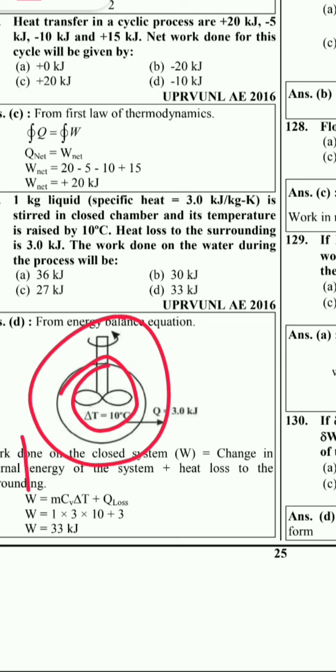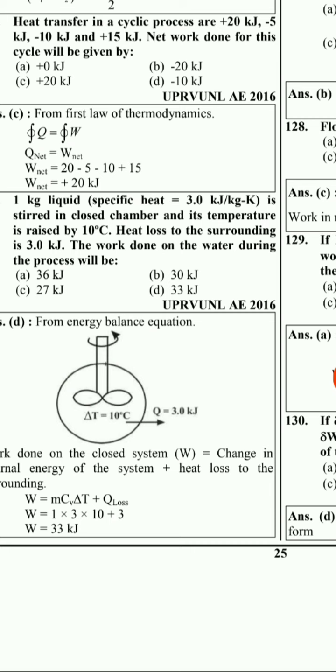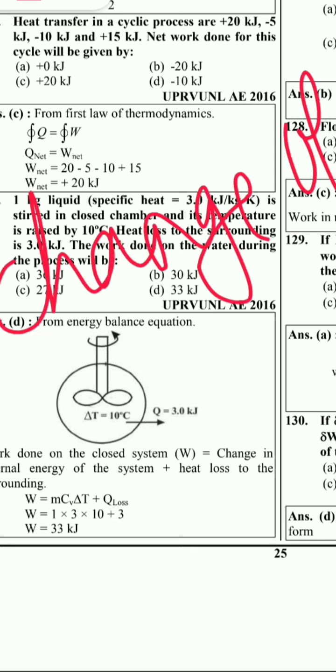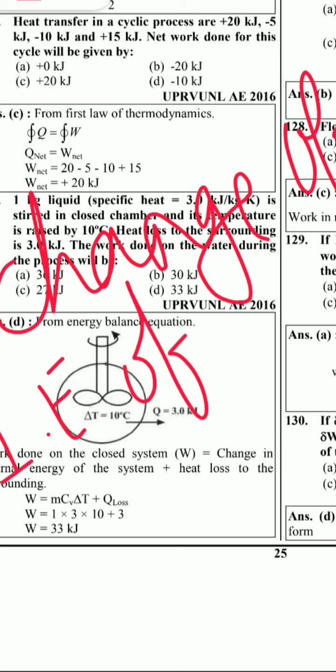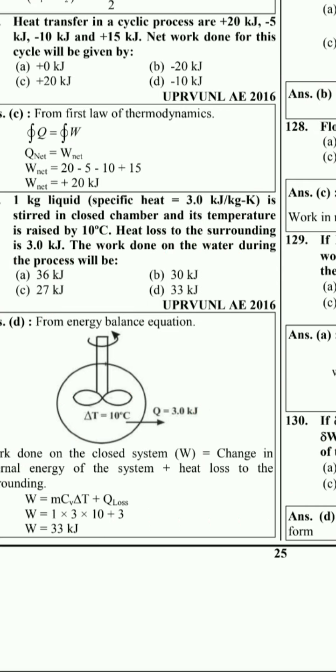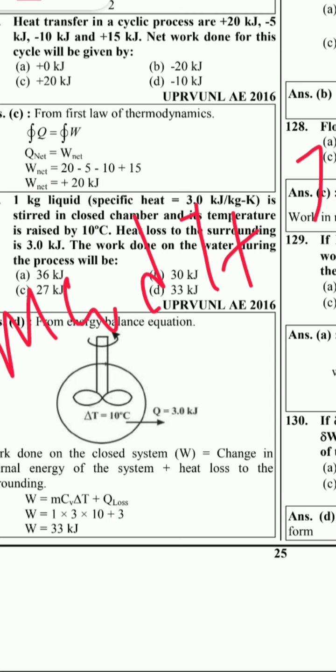Whatever the work done on the water, that will be equal to the change in internal energy of the liquid present in the chamber plus the heat transfer to the surroundings. Here the change in internal energy can be taken as m Cv dT, and the heat transfer to the surroundings is 3 kilojoule.